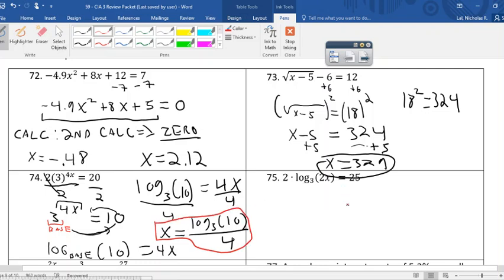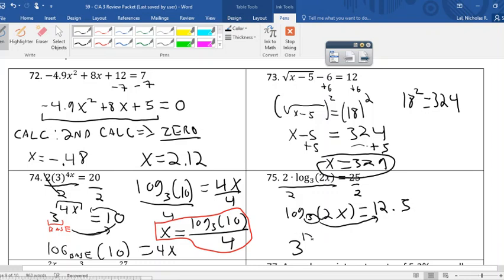For 75, you have 2 times the log base 3 of 2x equals 25. So you divide each side by 2. You have the log base 3 of 2x equals 12.5. You turn the logarithm into an exponential function. So 3 to the 12.5 power is equal to 2x.